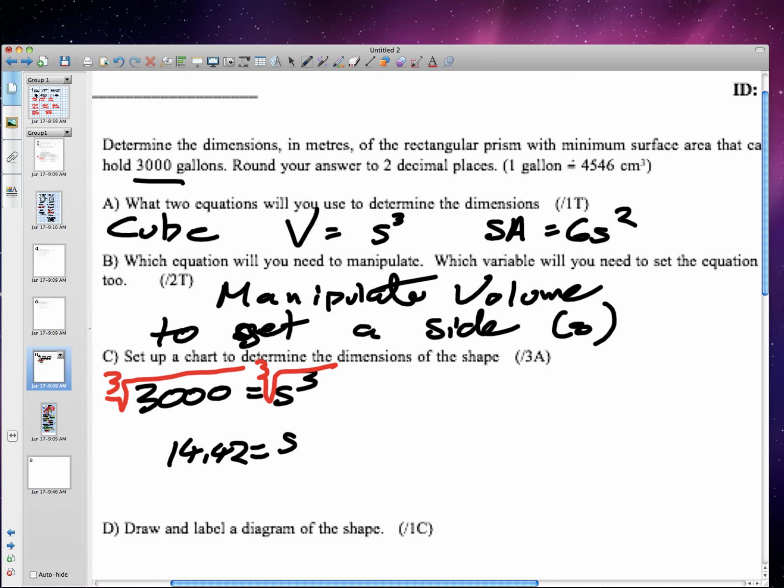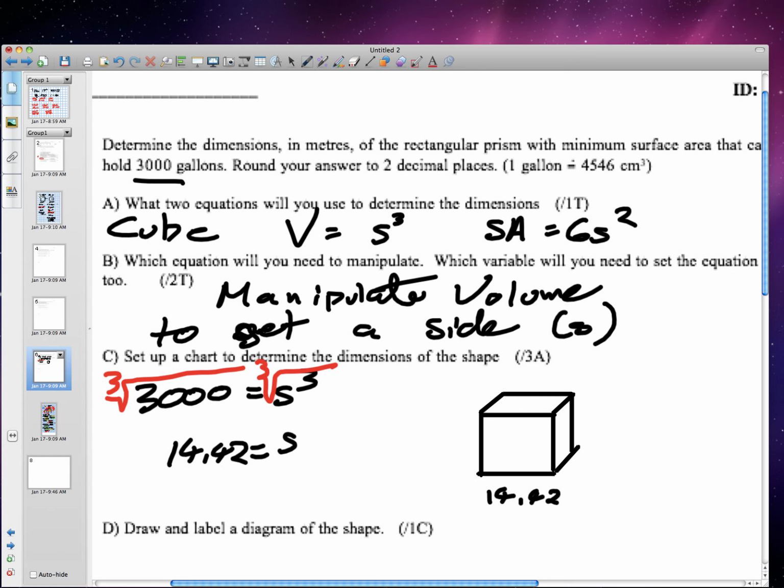Set up a chart to determine the dimensions of the shape. So each side of this cube, and we'll quickly make a cube here. Every side of this is going to be 14.42.